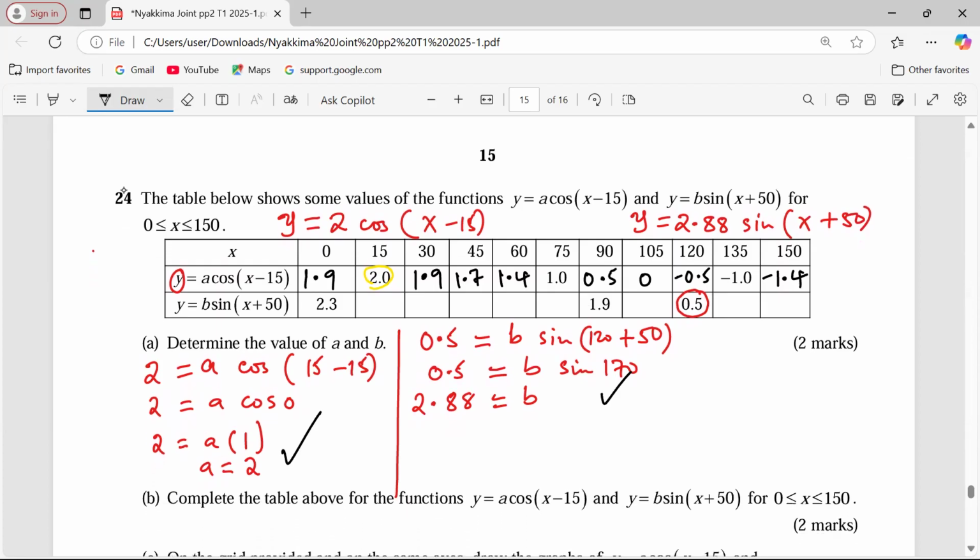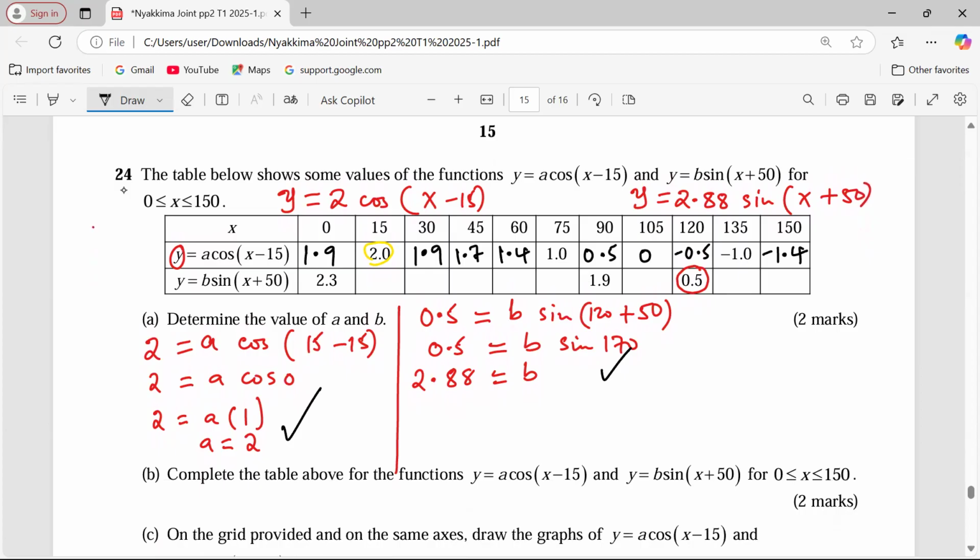Then for the second function, it is 2.88 sine, we open brackets for 0 plus 50 for the first value. And I'm getting 2.2. And when you round off to 1 decimal place, you get what we're having here. Then I go again to 2.88, the sine of x is 15, then plus 50.